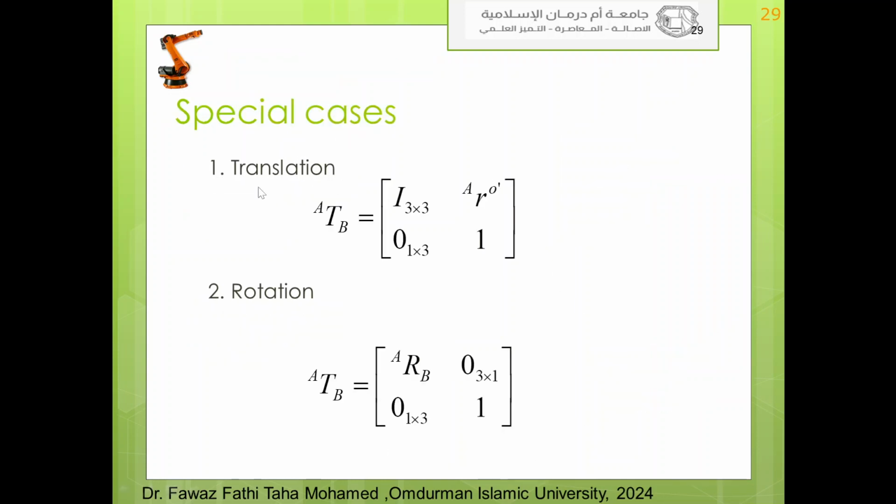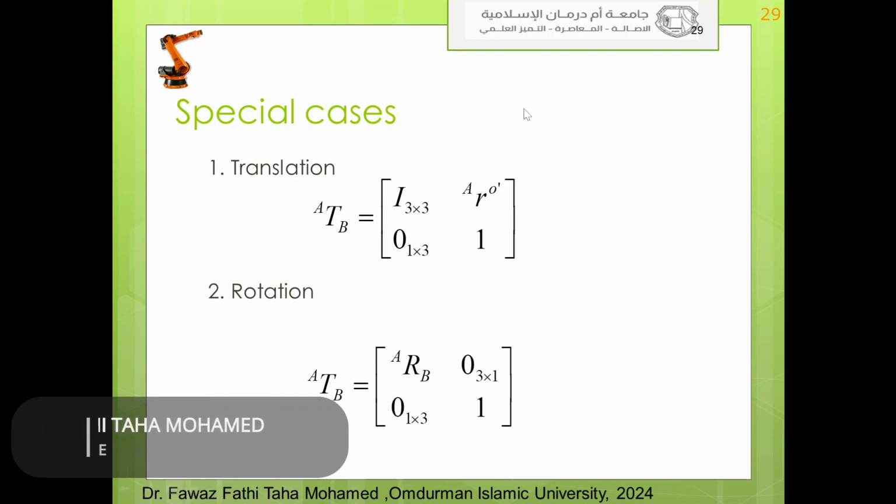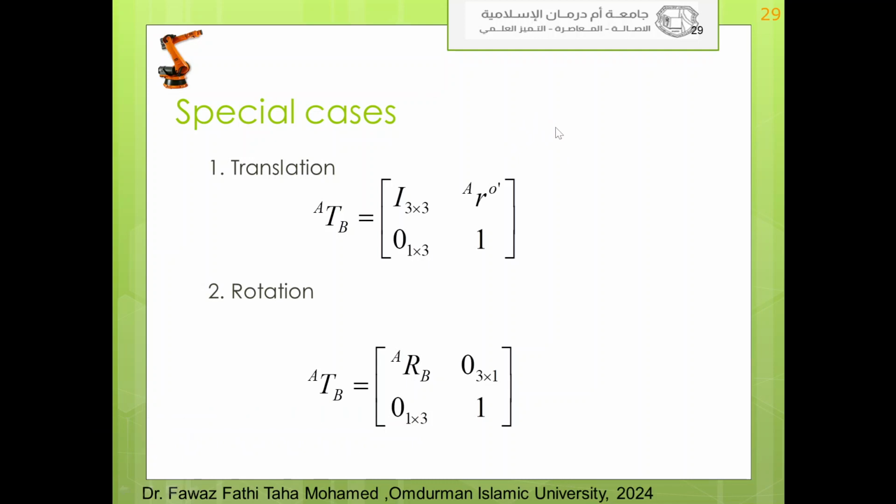So for translation only, the rotation matrix will equal the identity matrix: the diagonal has 1, 1, 1, and the other elements have 0 values.